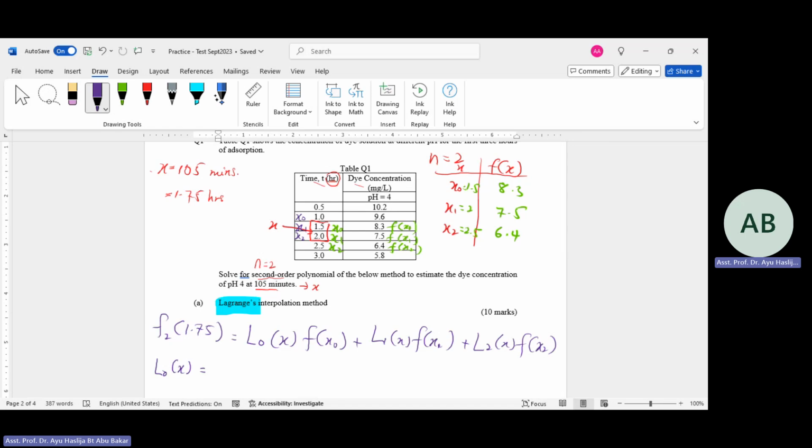How to find the L naught? Okay, avoid the x naught in the equation, so x minus x1.